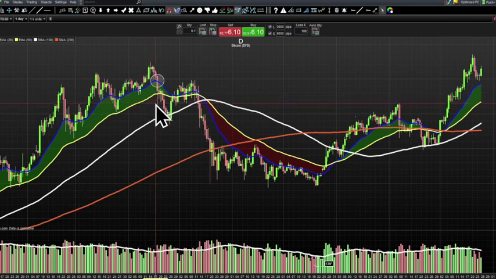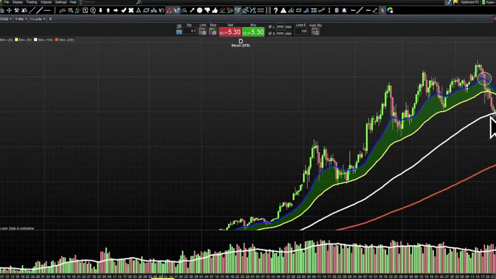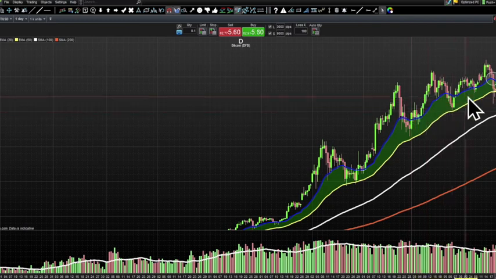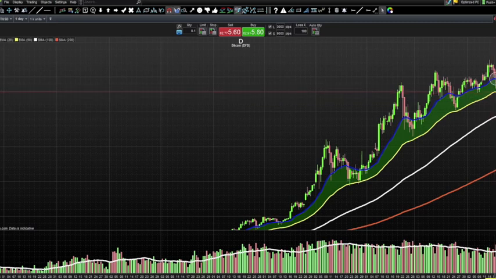The good thing with this technique is that when you see an MA here and the price is like this, you need to think like this: when you see that moving average is crossing that one, but is not crossing the body, that means basically you disregard this 50 EMA.